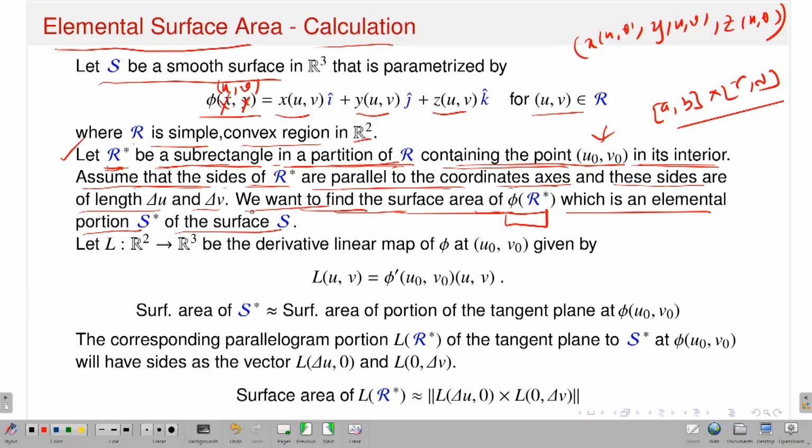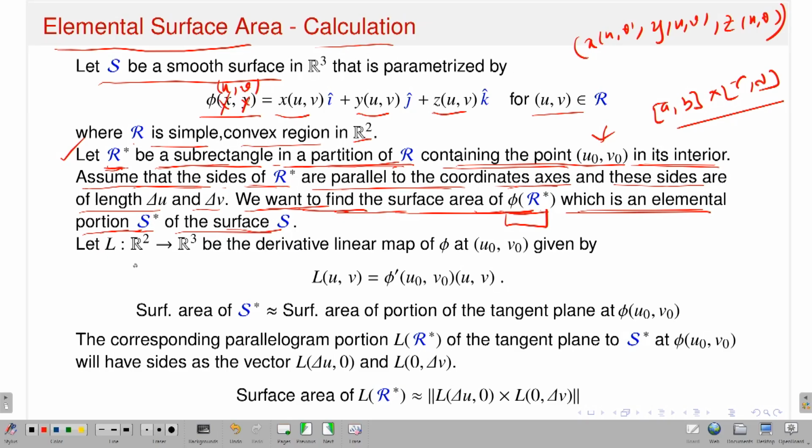I take the image of R star under the parameterization phi, and that image phi of R star, which I denote S star, is a small portion of my surface S. So we want to find the surface area of phi of R star, which is S star, an elemental portion of my surface S. That means I have to calculate the area of this elemental portion of my surface. How to do that?